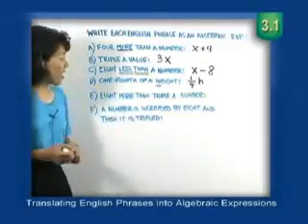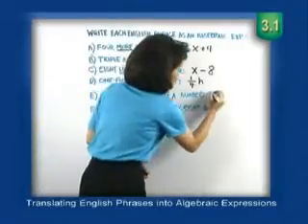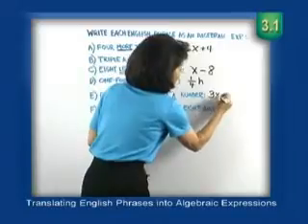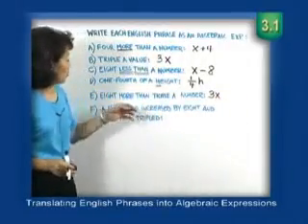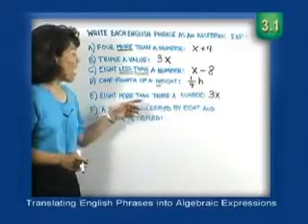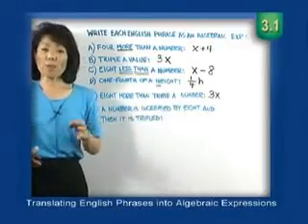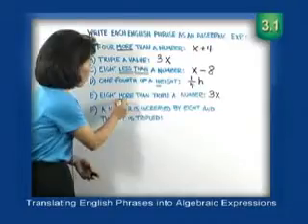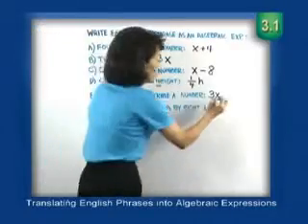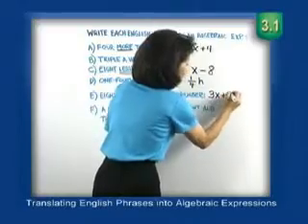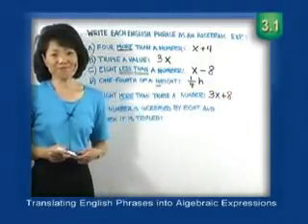So triple the value we know is 3x, or triple the number is 3x. Now in this one, besides just tripling the number, we must have 8 more than this. So 8 more, whenever you see the more, hopefully you're thinking addition. 8 more is simply add 8 to that tripled value.